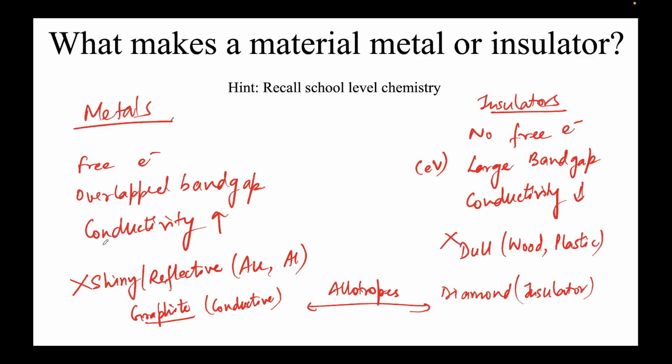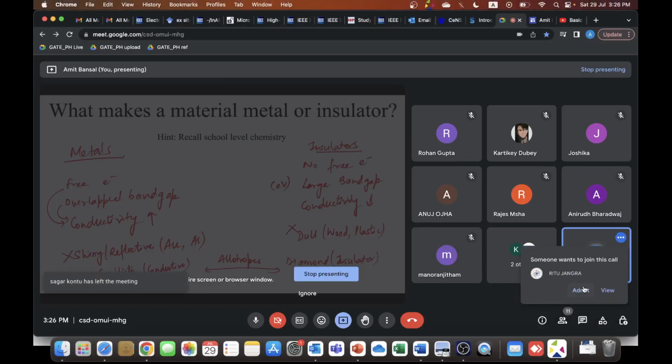What is of relevance is what someone pointed out, conductivity. And what causes conductivity? One of the reasons is band gap. So these two things result in conductivity. How, we'll see in future lectures. That's not a topic for now.